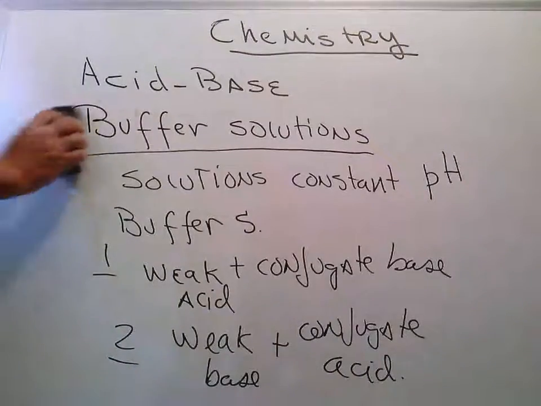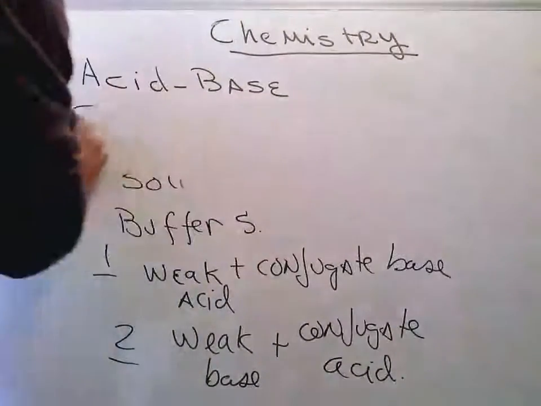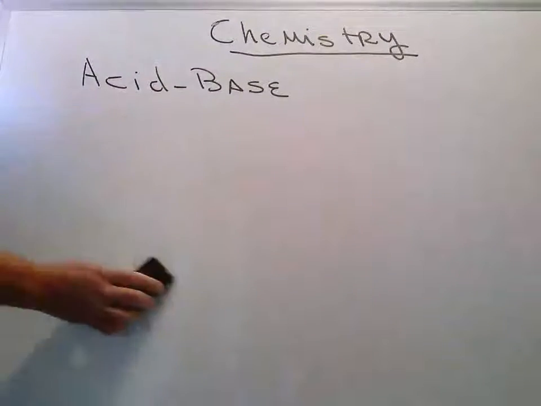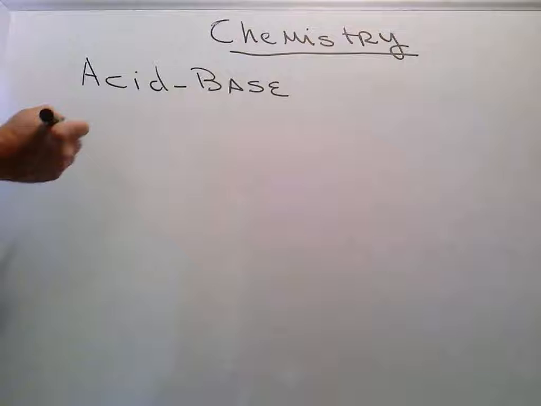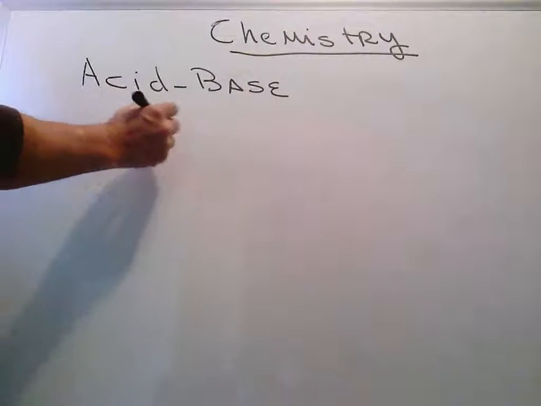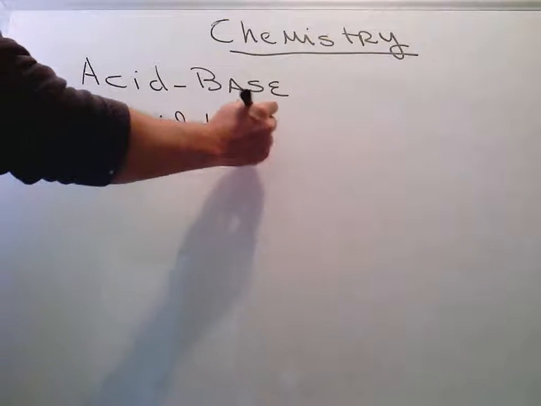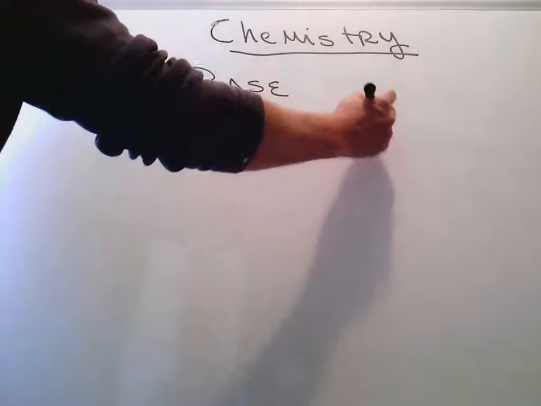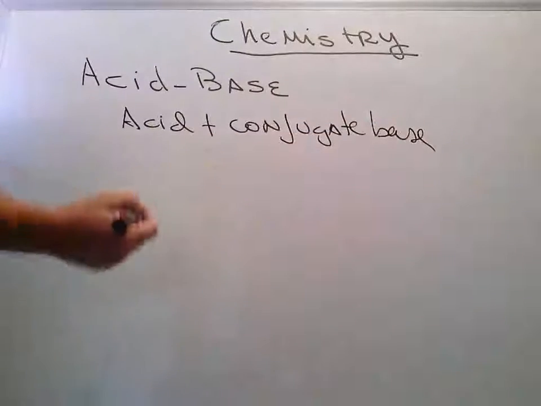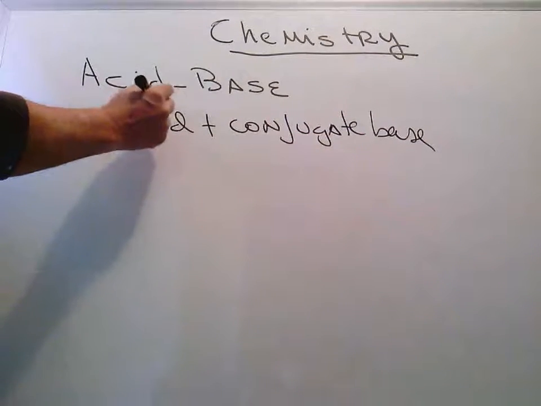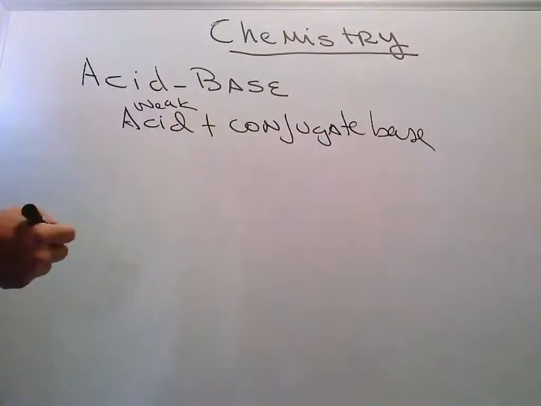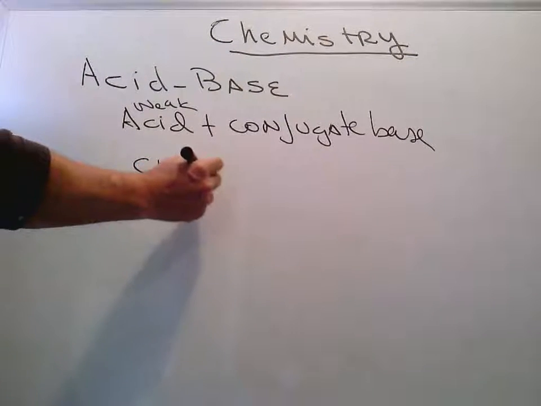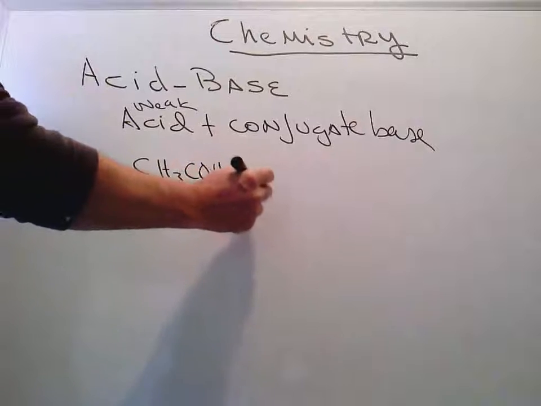Let's erase all this, and for instance, acid plus conjugate base. A weak acid, of course, has to be a weak acid, and we can prepare a solution of acetic acid.